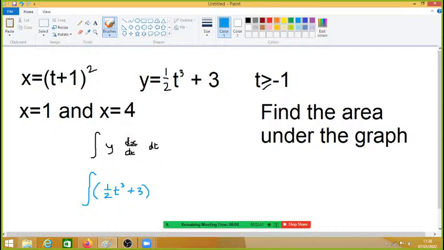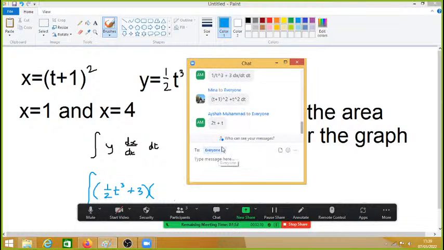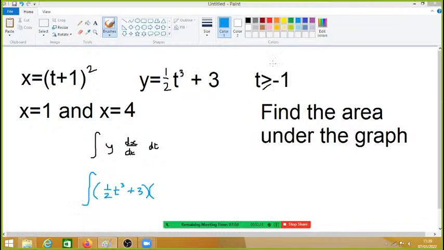So then comes the next bit. So dx by dt, what did you get for the dx by dt? Here you're taking the x equation and you're differentiating it, and that has to go next. Okay, good. 2 times t plus 1, plus 2t is what that differentiates to. You can expand it out and then differentiate.